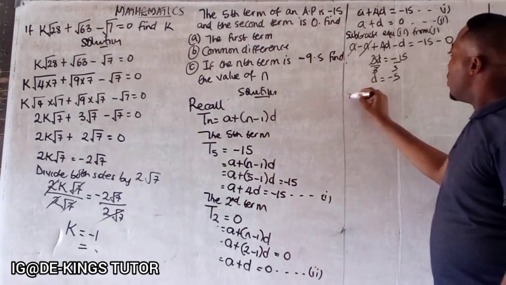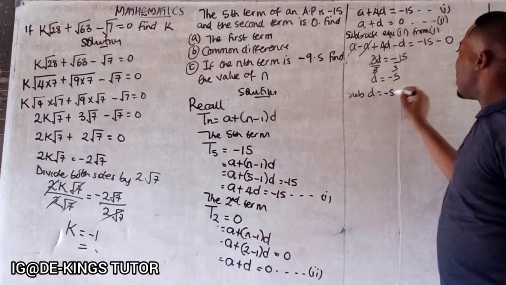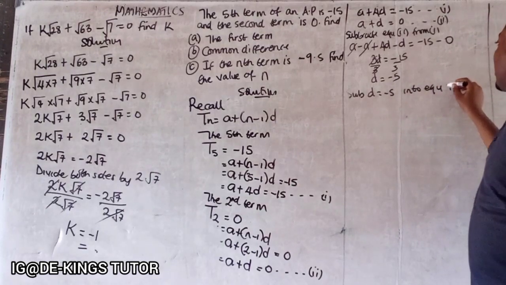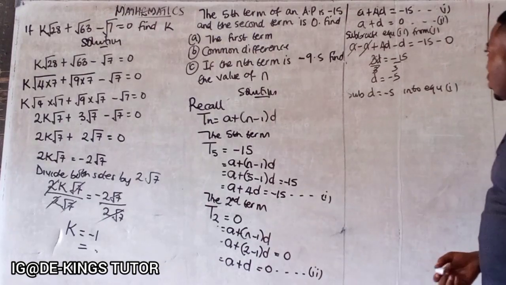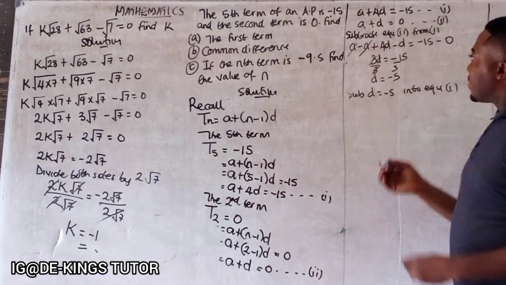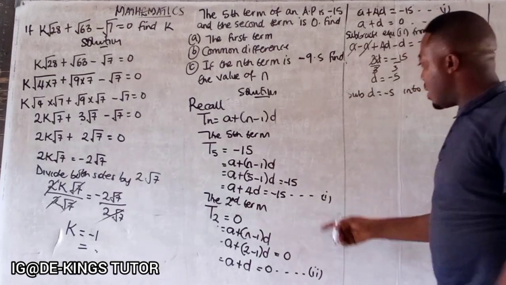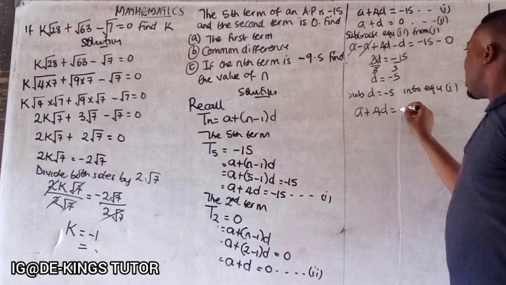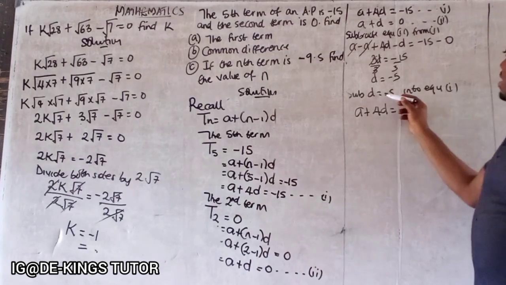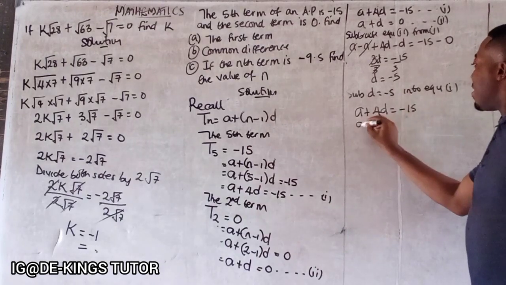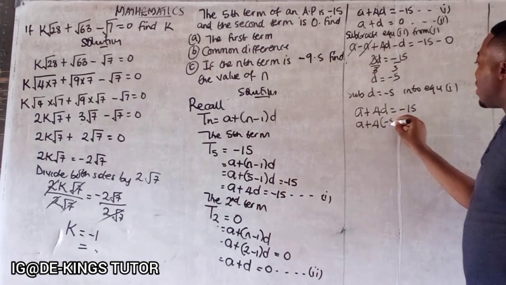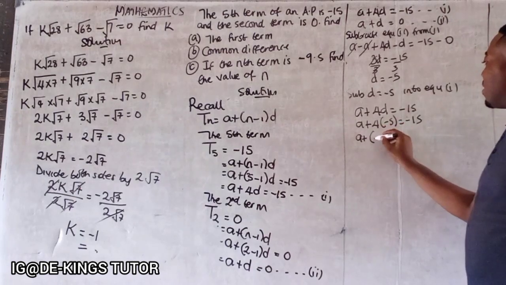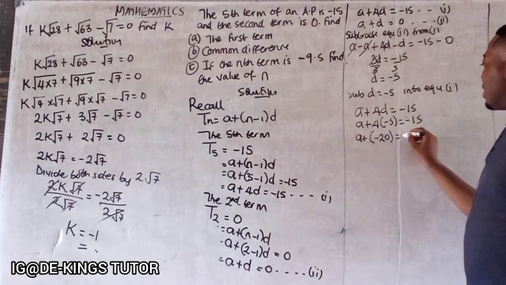How do we get a? We substitute d equals minus 5 into equation 1. Equation 1 is a plus 4d equals minus 15, so I have a plus 4 times minus 5, which is minus 20, equals minus 15.